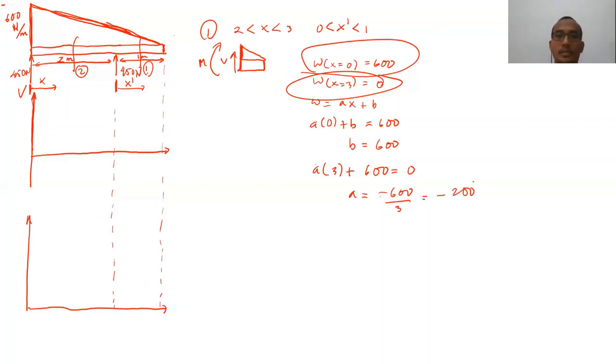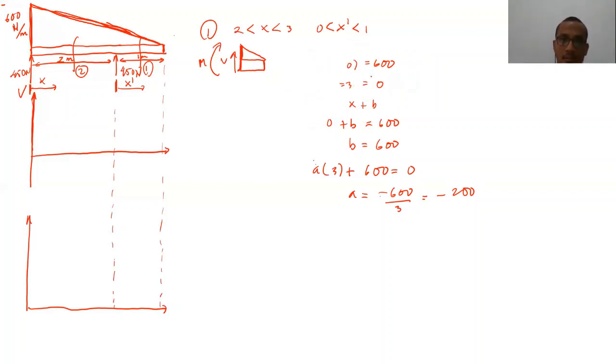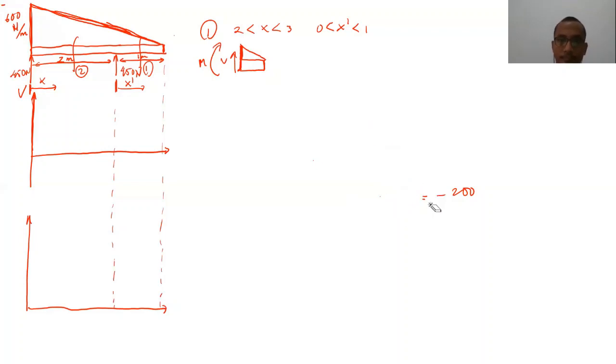So our final equation of W in terms of x will be minus 200x plus 600.